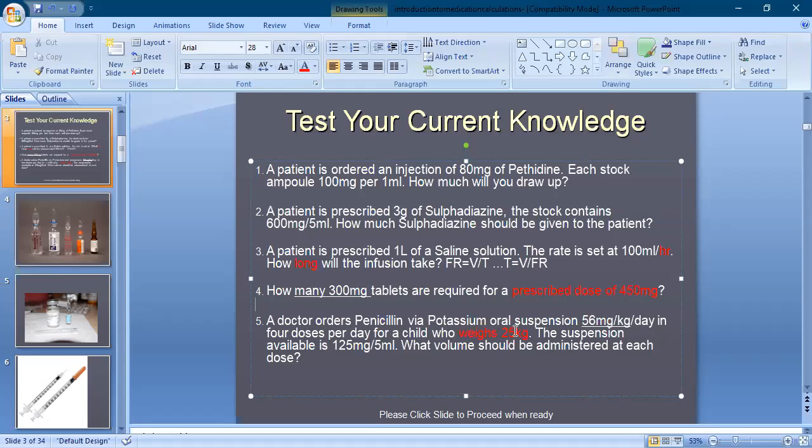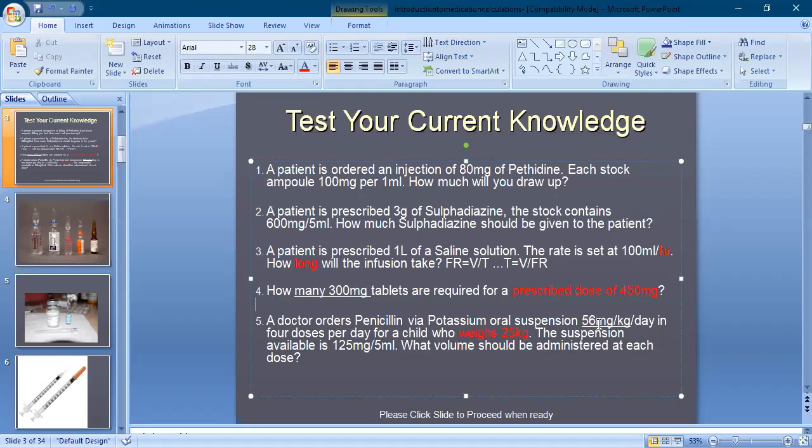56 multiplied by 25 means 1400. So you have to understand 56 milligram per kg per day. If your baby or you weigh 1 kilogram, it is 56 milligram, but our body weight is definitely not 1 kilogram.